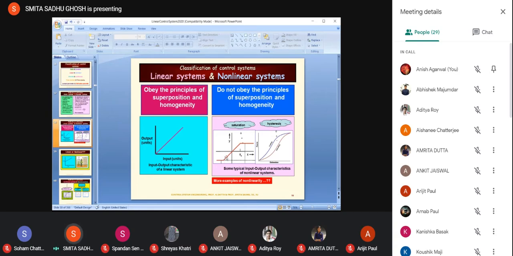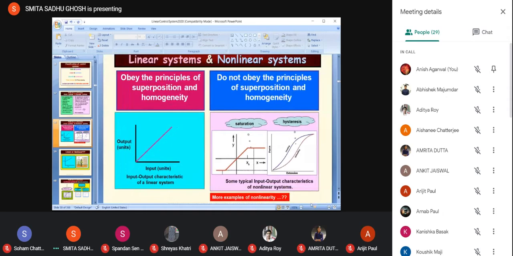Say, for example, this saturation characteristic over here, if my input exceeds this x0 or whatever you find over there, what will happen? Now the output is, say, corresponding to this dotted line over here. This is the input output line. This is the input that I have applied.